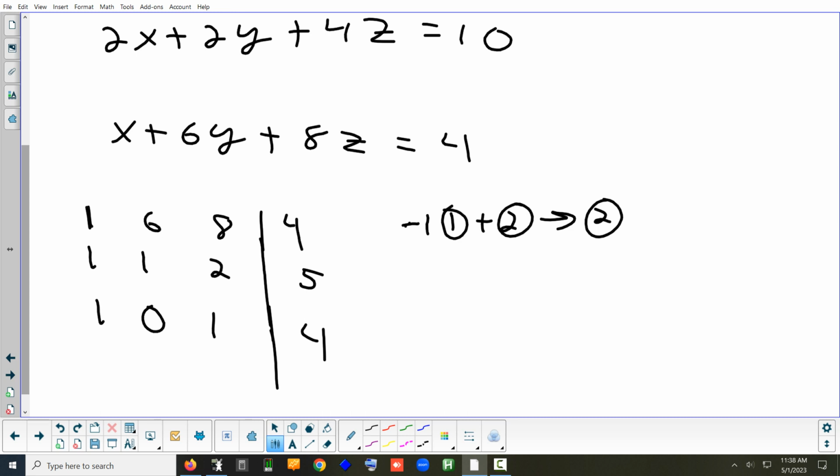Now we want to get a 0 in that spot. Same thing: negative 1 times the first row, added to the third, and that's going to replace the third row. So what row doesn't change? The first.